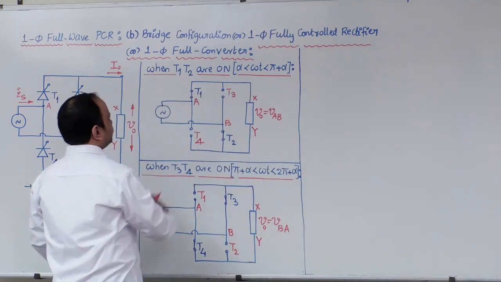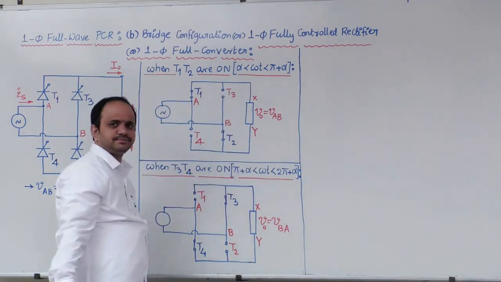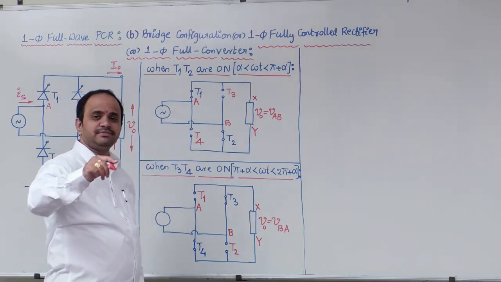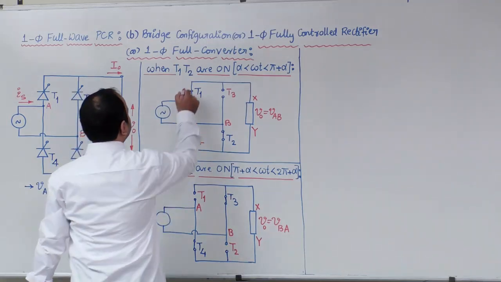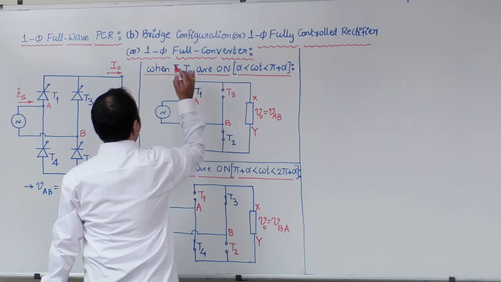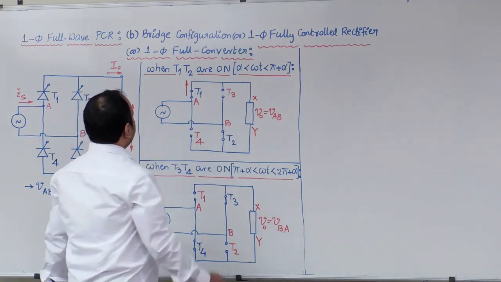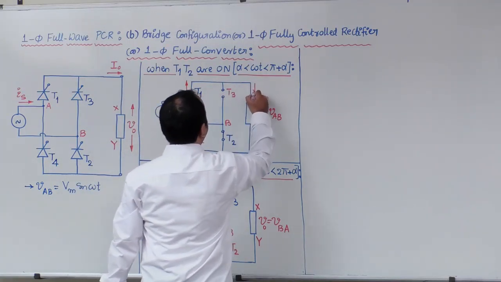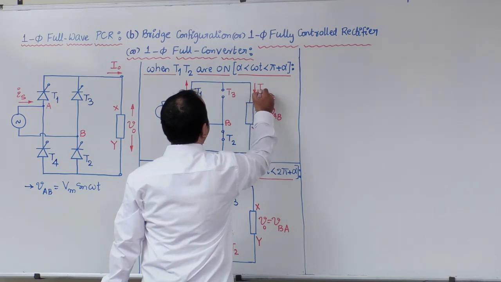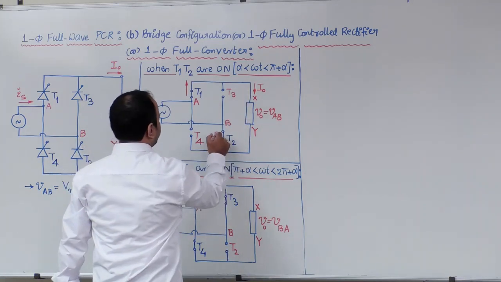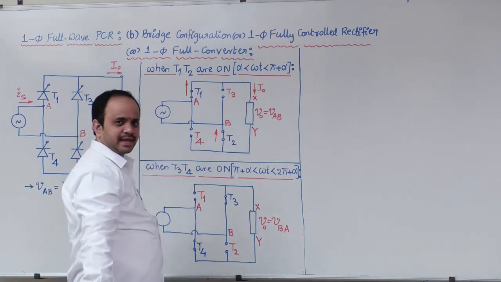Now, for example, if you look into the first equivalent circuit, when T1 is on, we know that a thyristor will carry the current from anode to cathode, and hence I give one arrow in the upward direction like that. If you follow that direction on the load side, I can draw the current direction something like this. Through T2, the direction of current will be like this, anode to cathode.